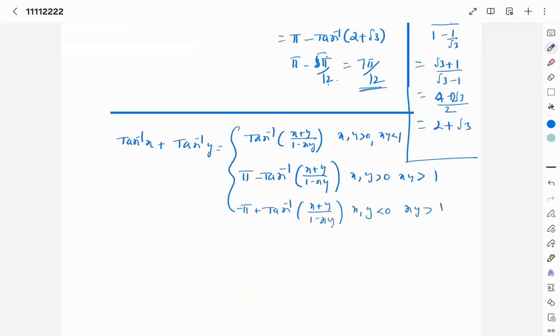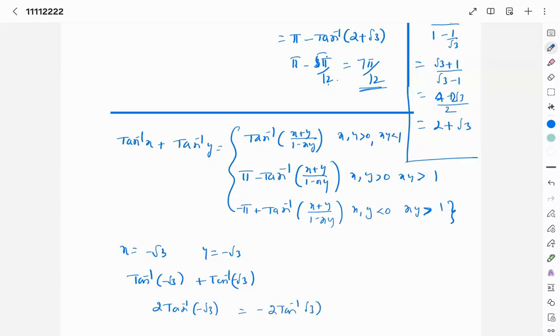So now look at this here also. xy should be greater than 1, negative. For example, you take x as minus root 3, y also minus root 3. Tan inverse minus root 3 plus tan inverse minus root 3 is 2 tan inverse minus root 3, or minus 2 tan inverse root 3.